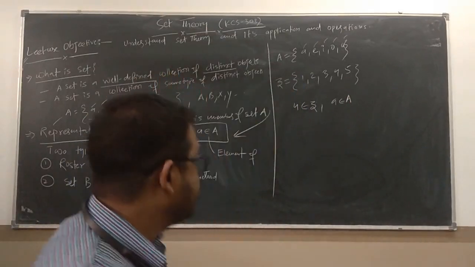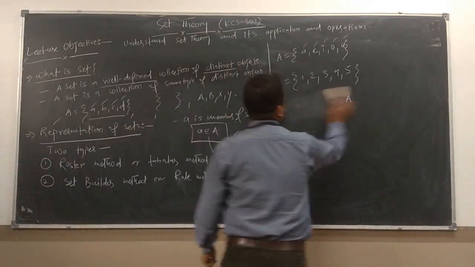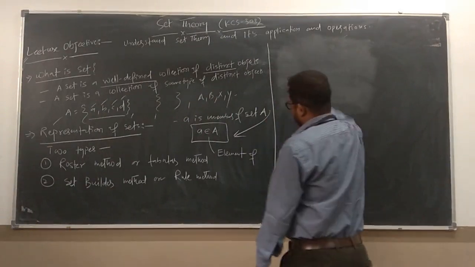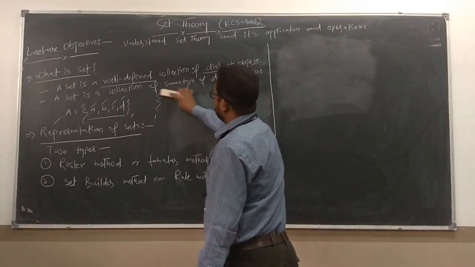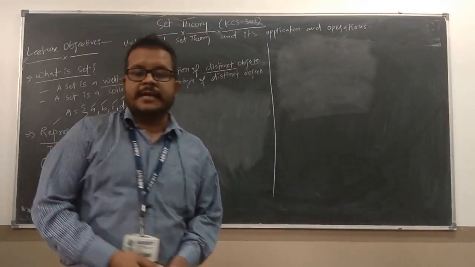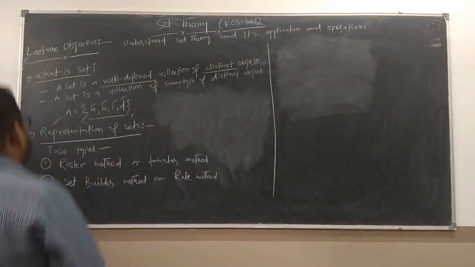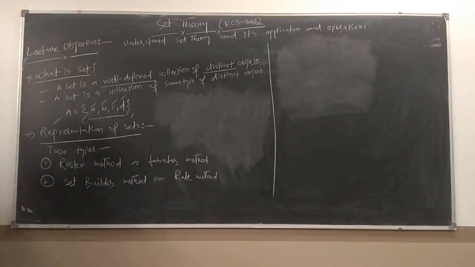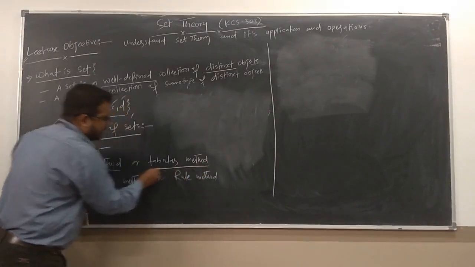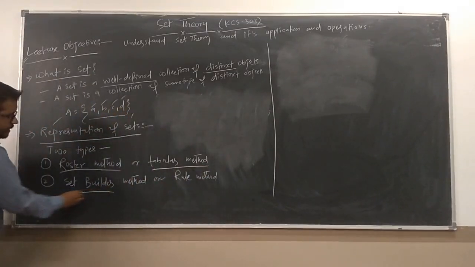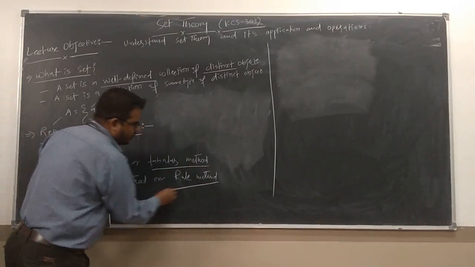If we ask what the different types of representation are, there are two types: first is the roster method and second is the set builder method. The roster method is also called the tabular method, and the set builder method is also called the rule method.